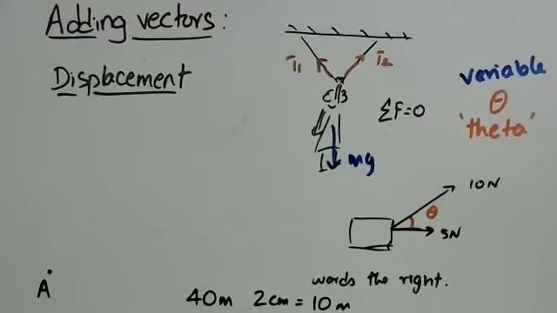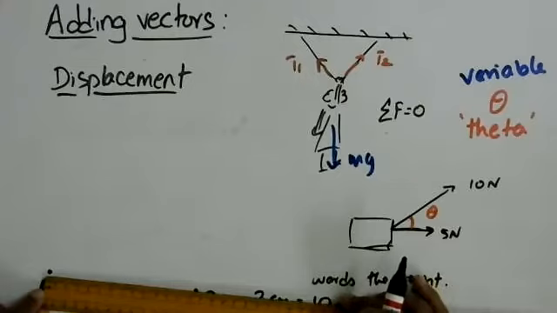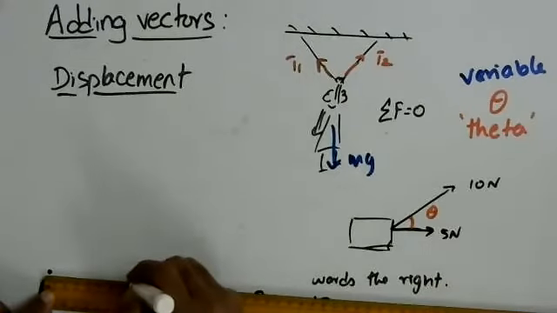Why don't I keep more? 1 centimeter is equal to 10 meters. No, that will become worse. Okay, 2 centimeters is equal to 10 meters. So 8 centimeters, which is about here.